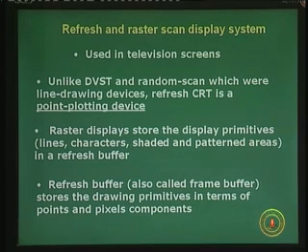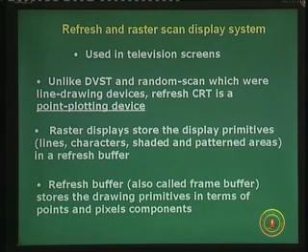Refresh buffer is also called the frame buffer. It stores the drawing primitives in terms of its points and pixel components. So, this is an interesting point which I was just mentioning, that the frame buffer or refresh buffer stores the drawing primitives in terms of points and pixels. So, in the random scan basically we were storing line commands to draw pictures, characters, whatever it is, or even curved objects are made up of lines.